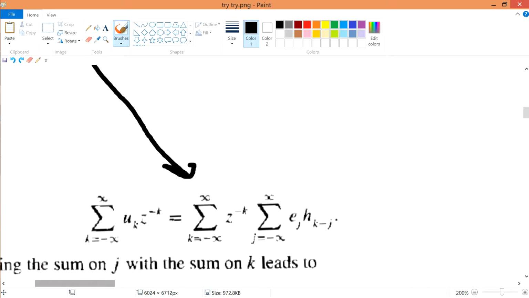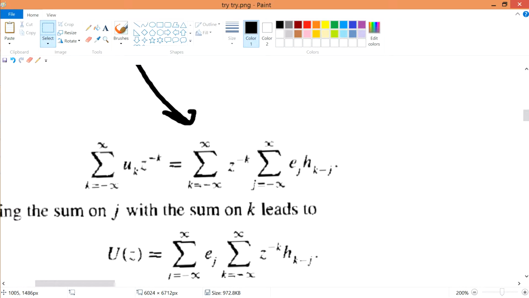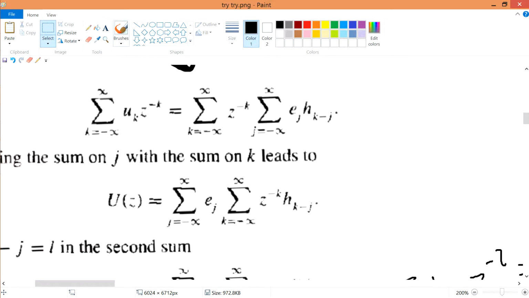This definition, if I bring it out, is the z transform of this whole thing. And then the next step is I bring this to the other side. I shift this e_j over here, and I shift this z^(-k) over to the other side. In fact I don't need to shift the z^(-k), but anyway, I will.